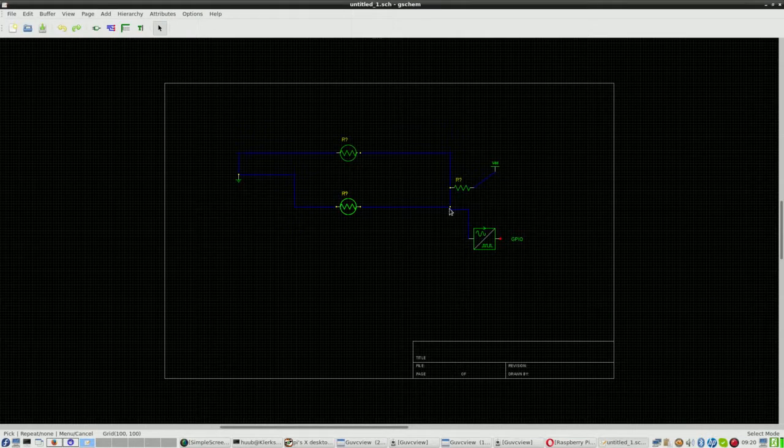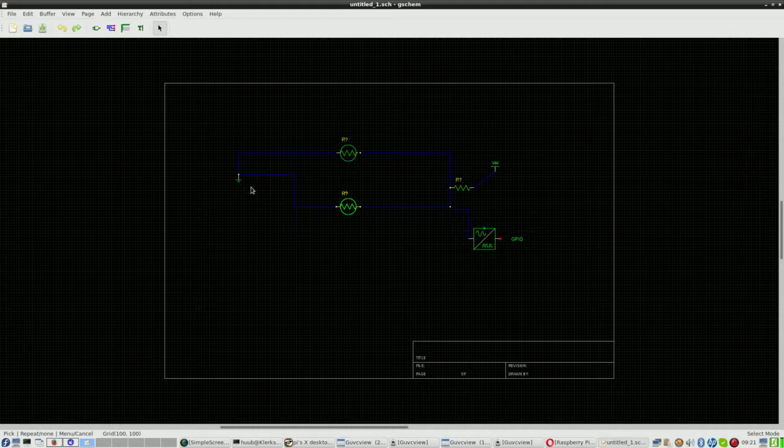So here I used gschem schematics from the GNU electronic development applications. Often I use Scilab, but Scilab doesn't have symbols for a photoresistor, not that I can find them anyway.